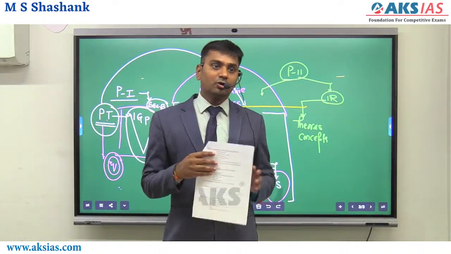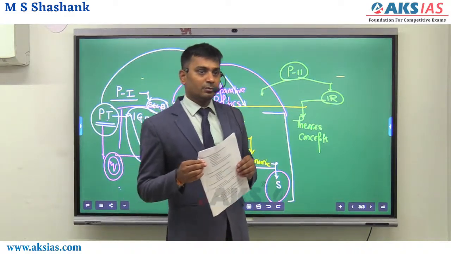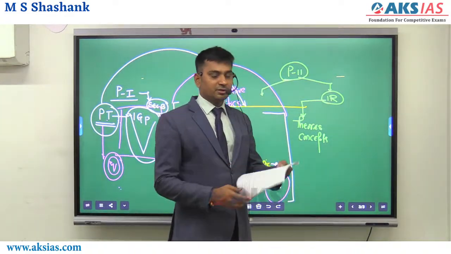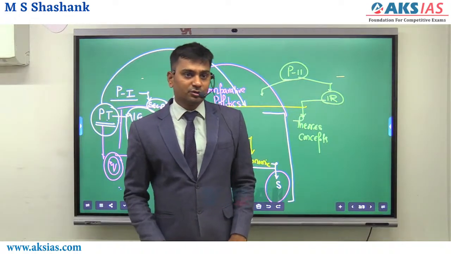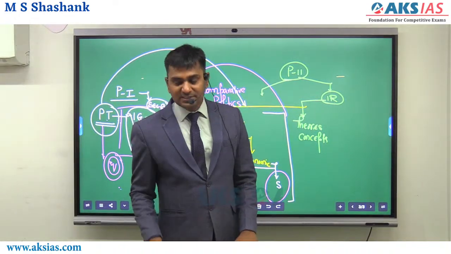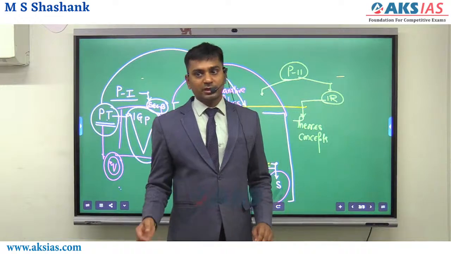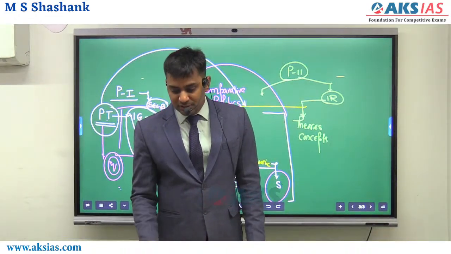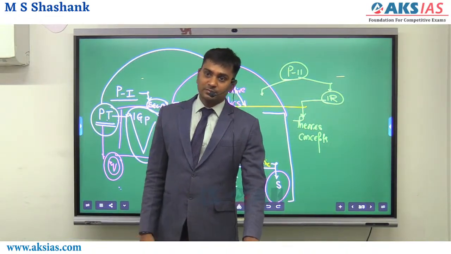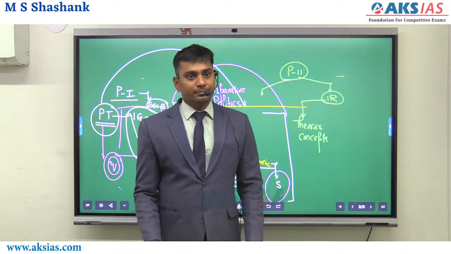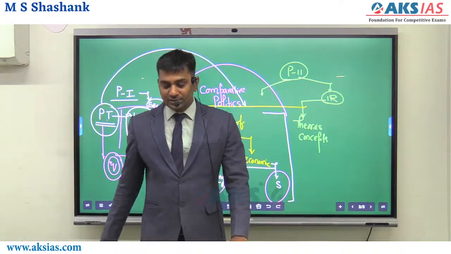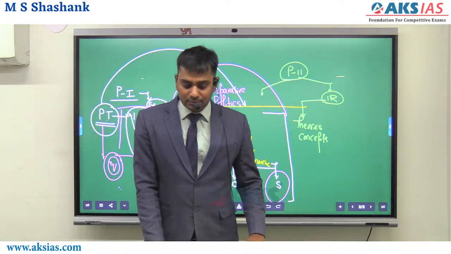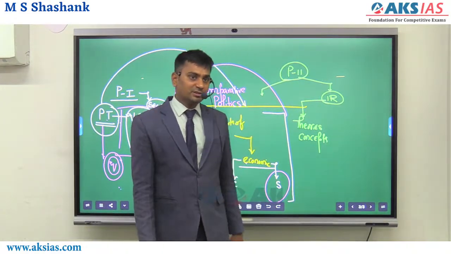Then key concepts in international relations. They have given some key concepts. Like what is national interest? States come for national interest, he says. What is national security? What is national power? What is balance of power? What is deterrence? After this, transnational actors and collective security, world capitalist economy and globalization.